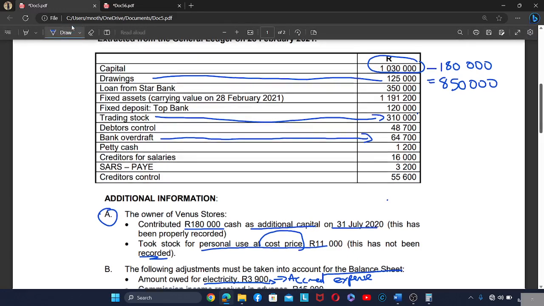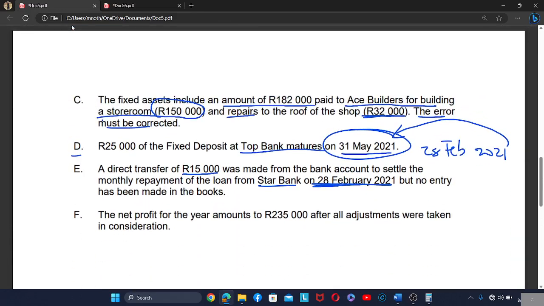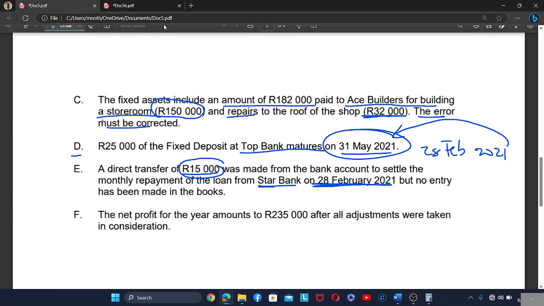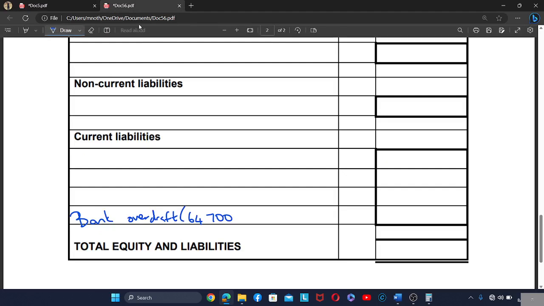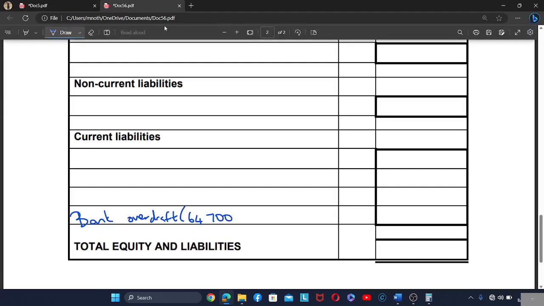And then we paid the bank with an amount of 15,000, right? We paid Star Bank the loan for 15,000. So actually the bank was supposed to decrease because the business was making a payment. But because this is a bank overdraft, it's vice versa.